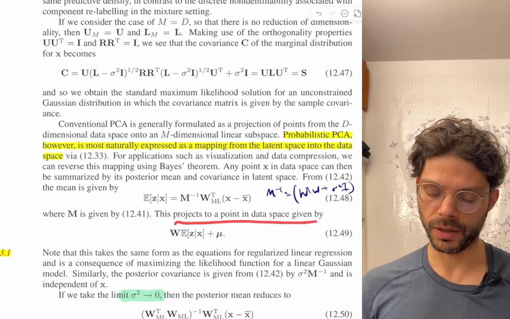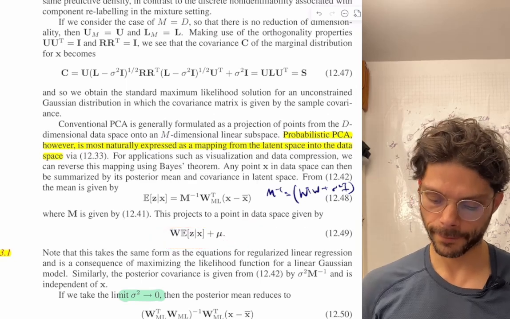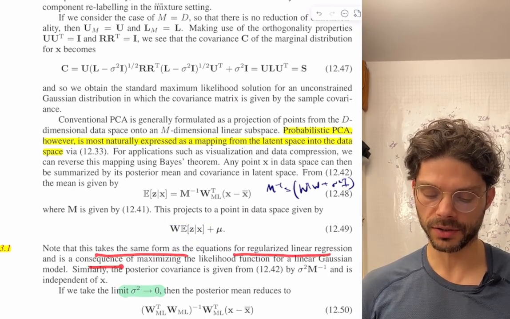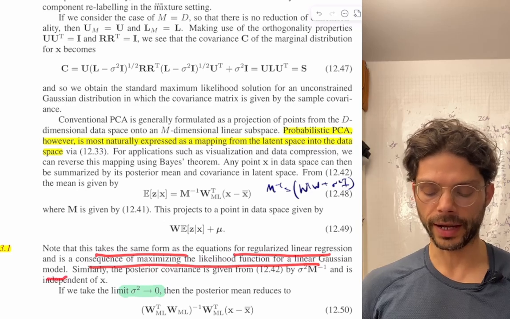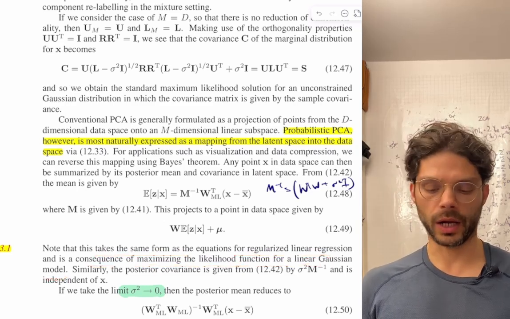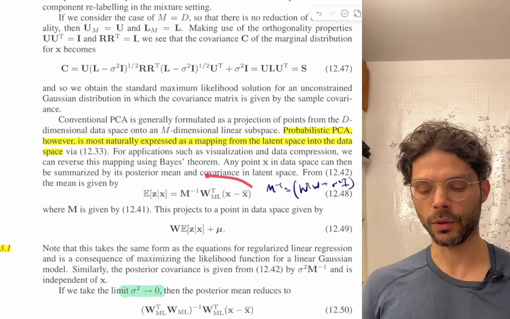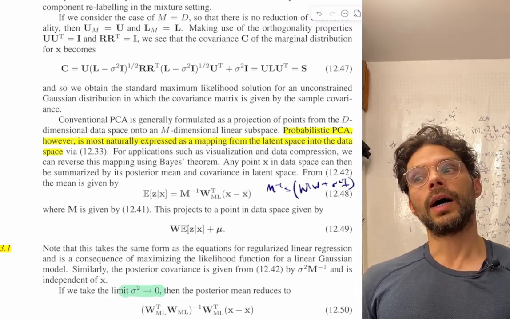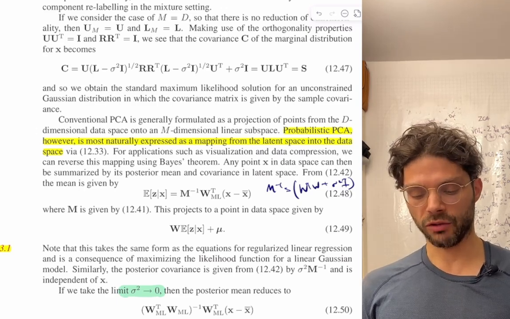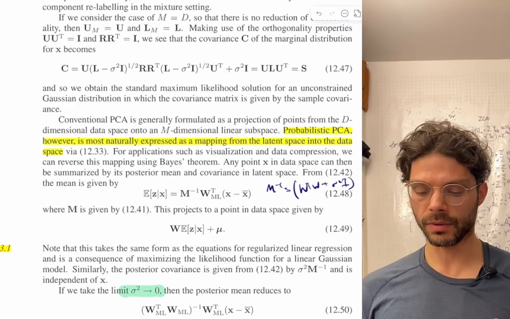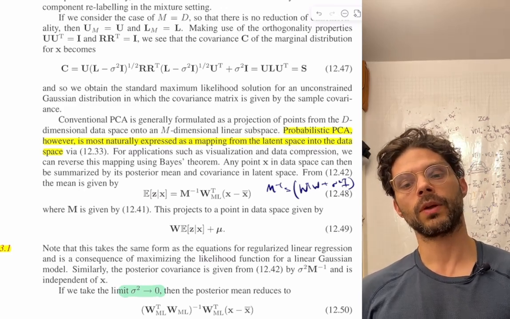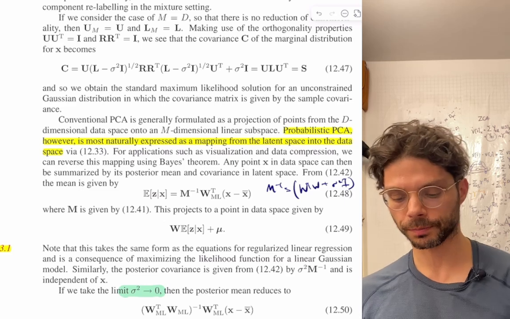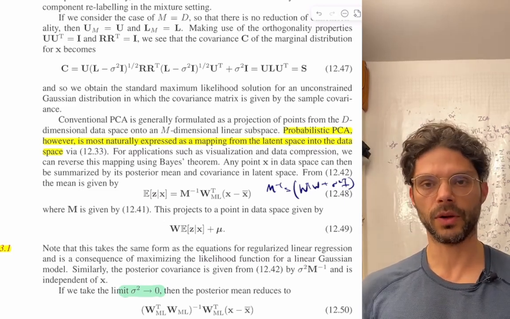This projects to a point in data space given by that. Note that this takes the same form as the equations for regularized linear regression as a consequence of maximizing the likelihood function for a linear Gaussian model. So I think what he's talking about here is that everything we're doing is just like what we were doing in the linear regression case, where we were trying to infer the weights, given some set of inputs and some set of outputs.